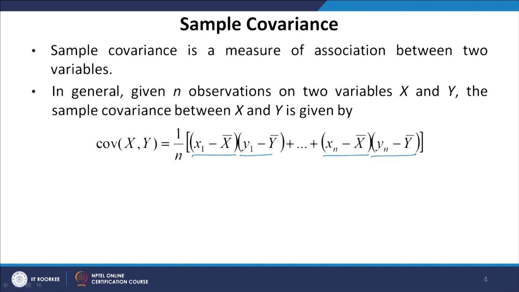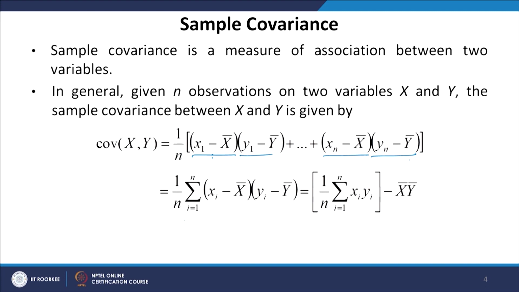So, it shows that for the first observation, how much x has deviated from its mean value, and then correspondingly for y, how much its first observation has deviated from its mean value, and then they are multiplied and finally they are summed up.